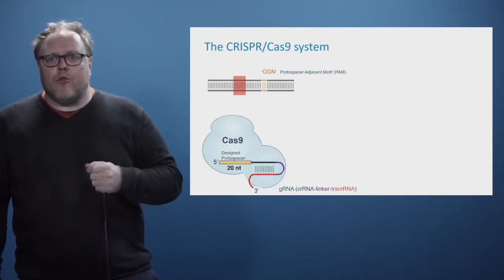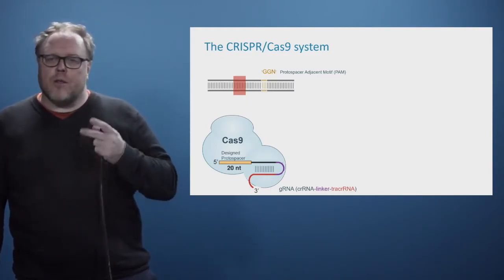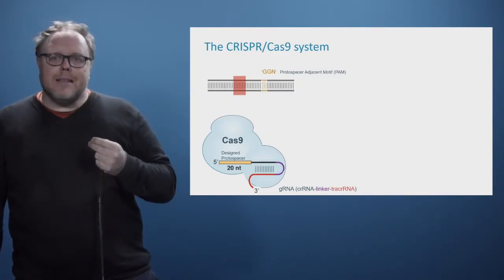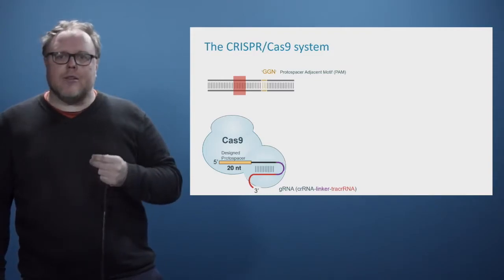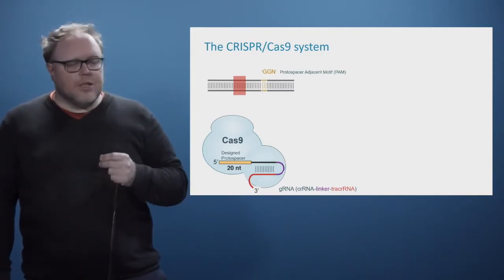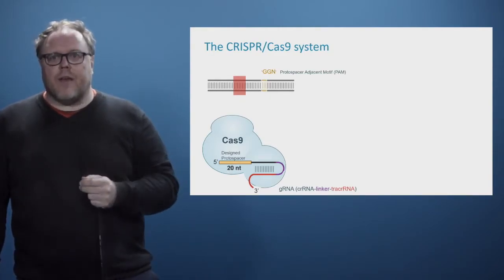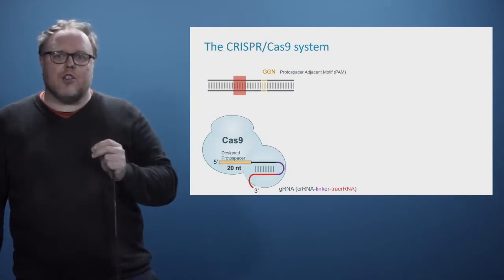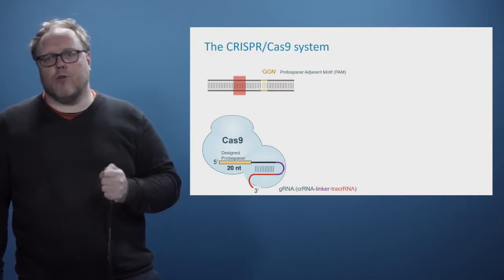To this, we add 2 components. One component is the Cas9 enzyme, which is a nuclease enzyme that will cut the DNA, but it needs to be guided to the correct position. And for this, it uses the guide RNA, which is highlighted here, having a specific protospacer sequence that has been designed in such a way that it matches the target sequence that we want to alter.